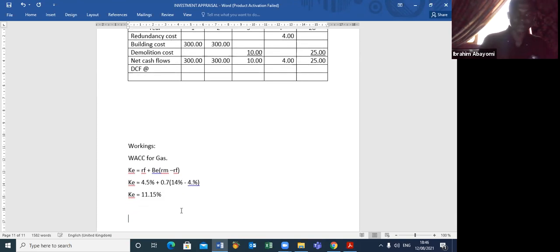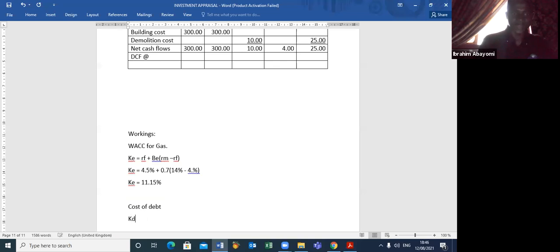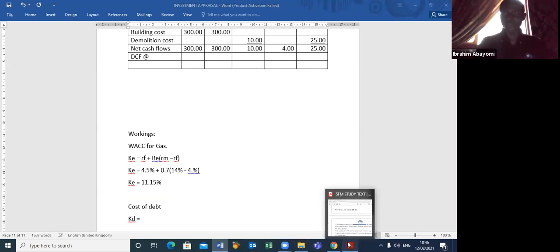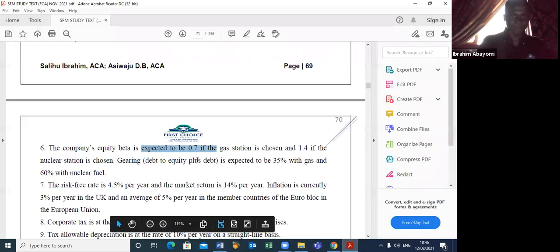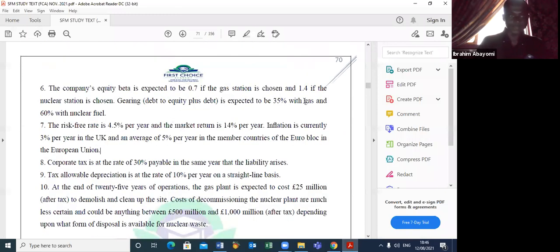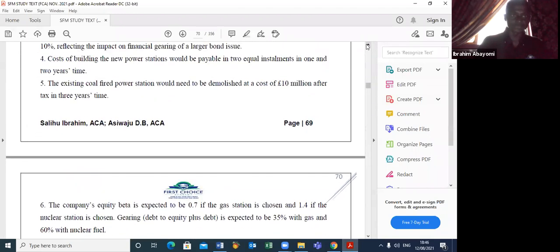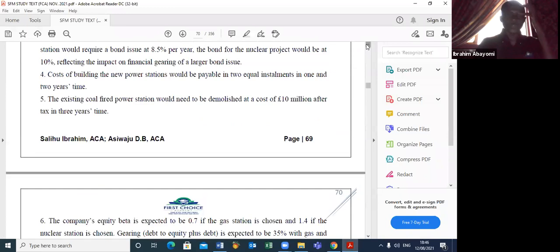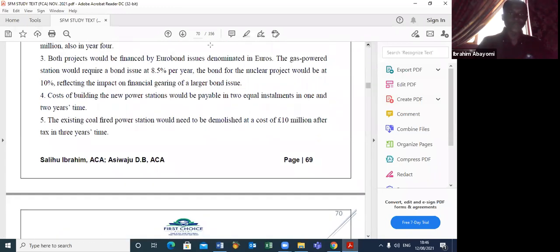What about cost of debt? Let's go up there, around note 3 or 4. Both projects will be financed by a Euro bond denominated in euro.